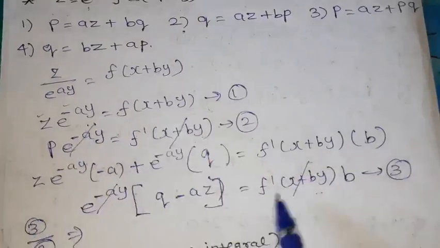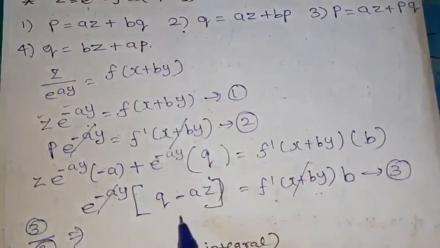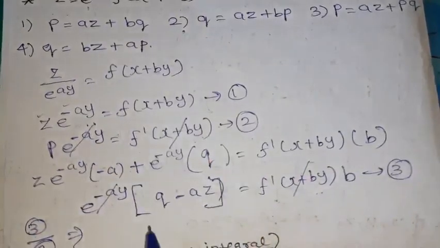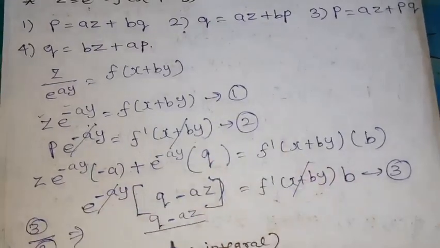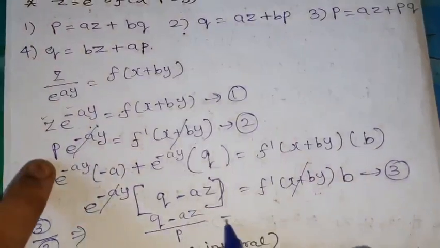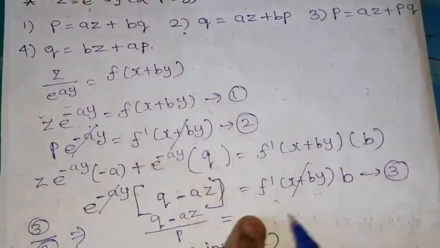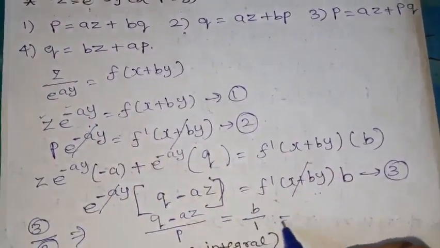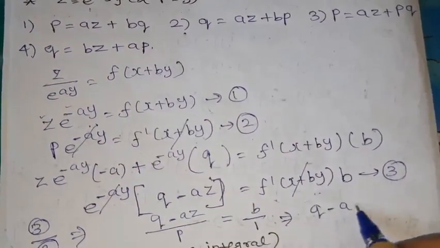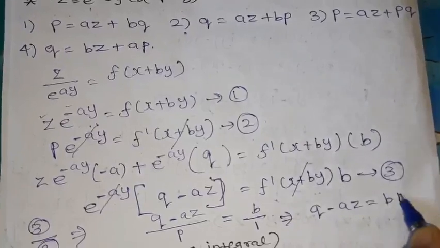In the left hand side, remaining is q minus az in the numerator, and in equation 2 it is p. In the right hand side, here b, here 1 only. Then cross multiply: q minus az equal to bp.